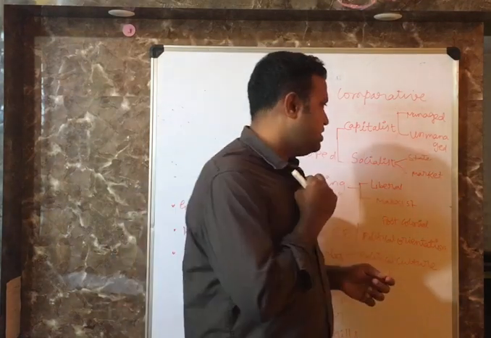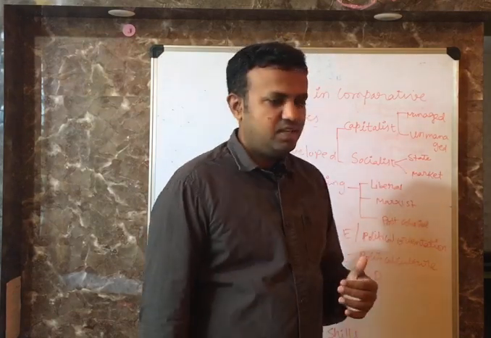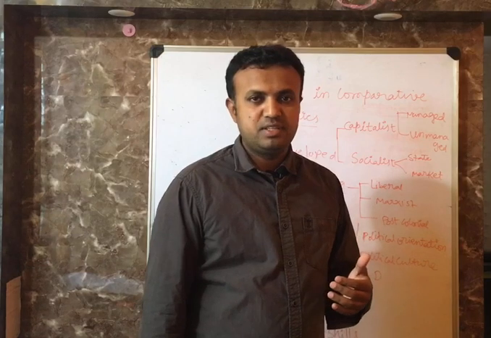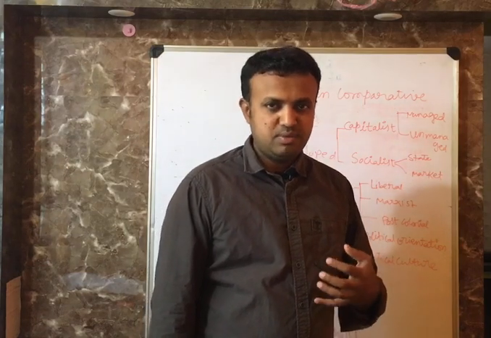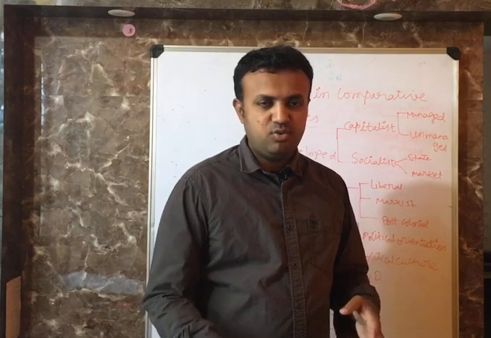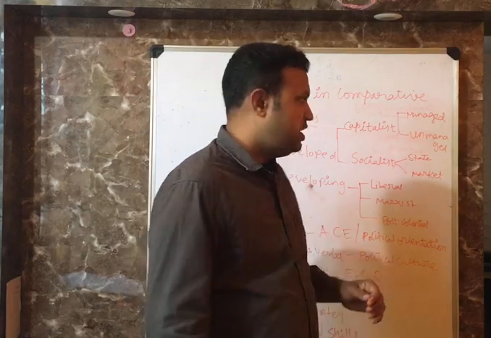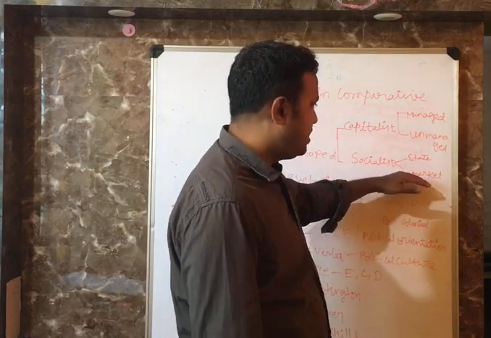Hence they thought that not everything can be under state control. We need to liberalize some sectors to the private, and then they started opening up the market to some extent to private players, and this becomes market socialism.